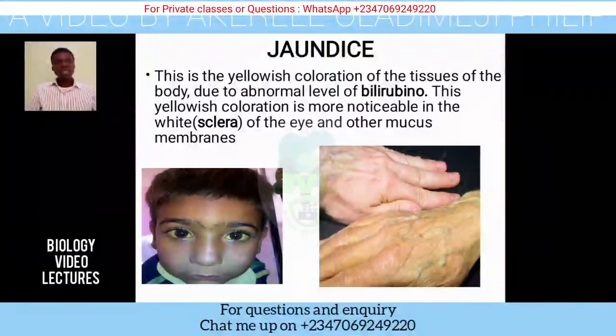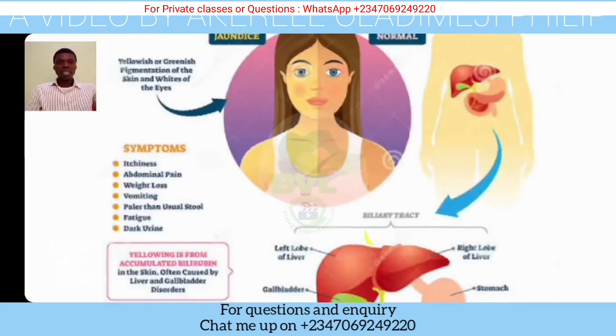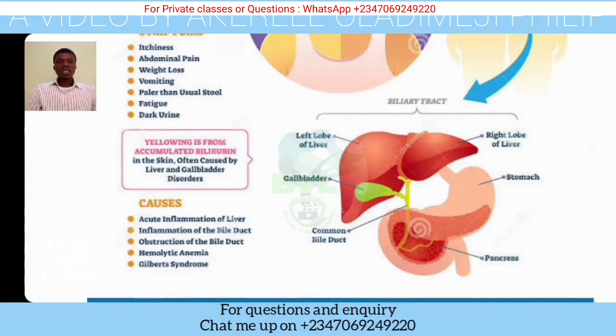Now you can pause the video here to look at the various causes of jaundice. Let me zoom this out so you can see that. Now you can see the causes. The fourth one is hemolytic anemia. Red blood cells ought to be destroyed every 120 days.